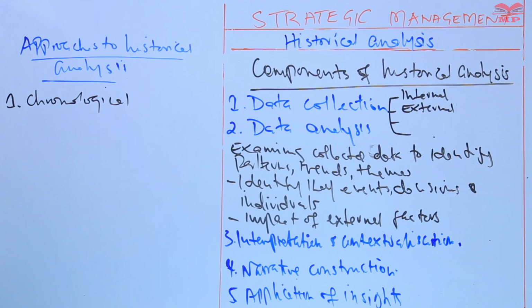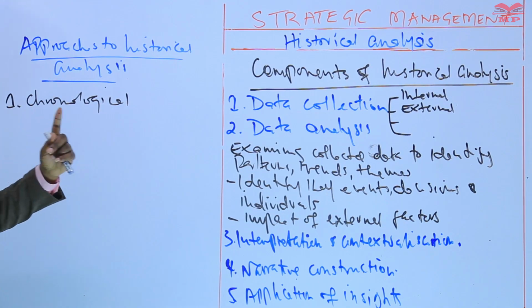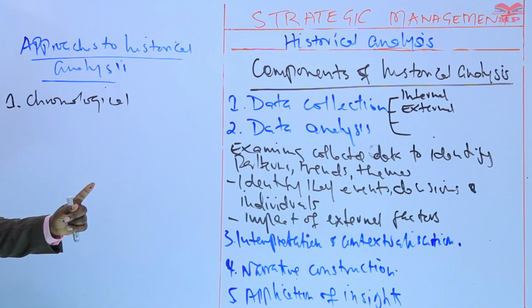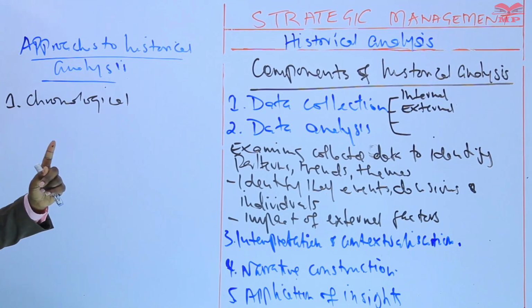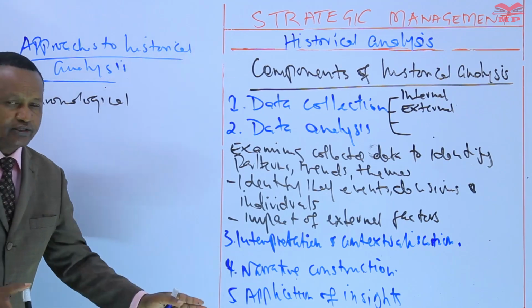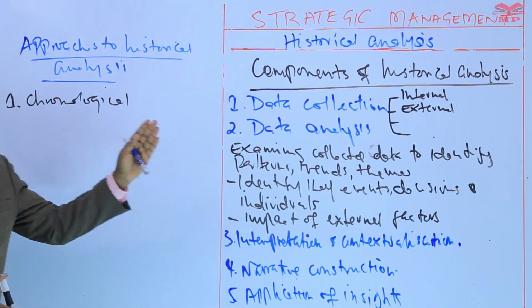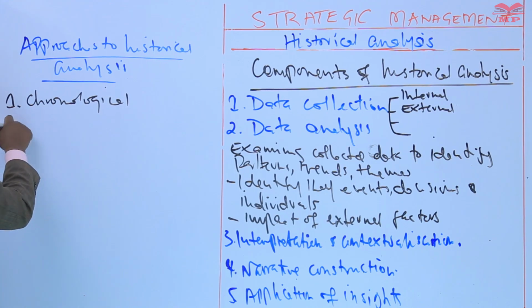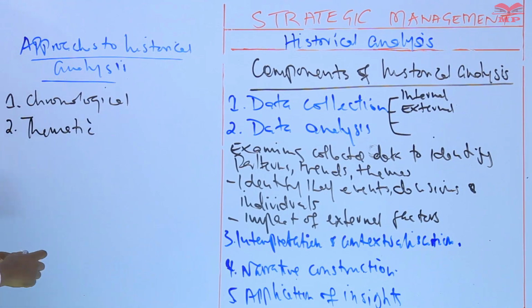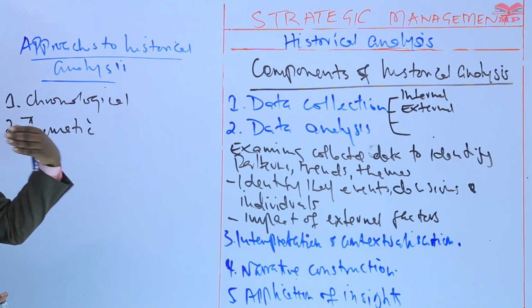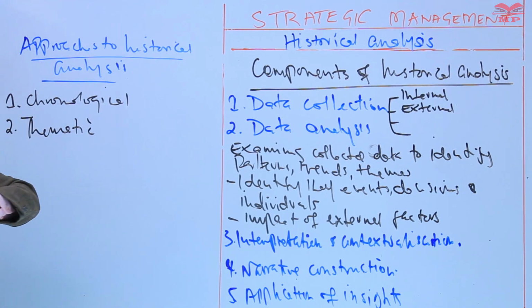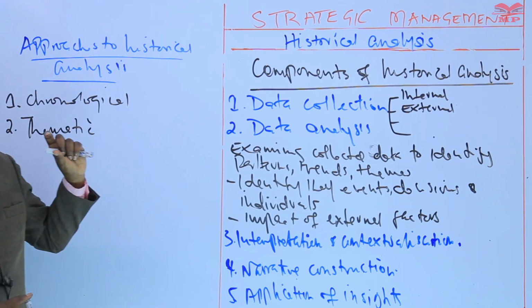This means tracing the organization's development in a linear fashion, highlighting key events and key turning points along the way. Then we have the thematic approach, which means examining specific themes or topics of interest, such as leadership, innovation, or social responsibility, throughout the organization's history. You analyze the themes.